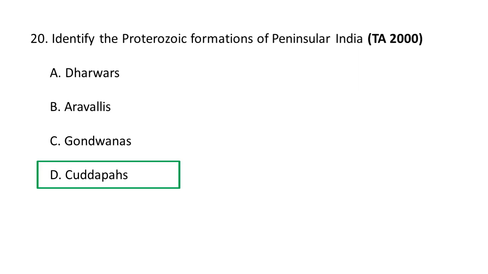The Kadapa basin was formed during the Proterozoic period. It is considered one of the most important Purana basins in southern India, and it's also important for understanding the evolution of Precambrian basins in India and the assembly of supercontinents globally. So D. Kadapas is the correct option.